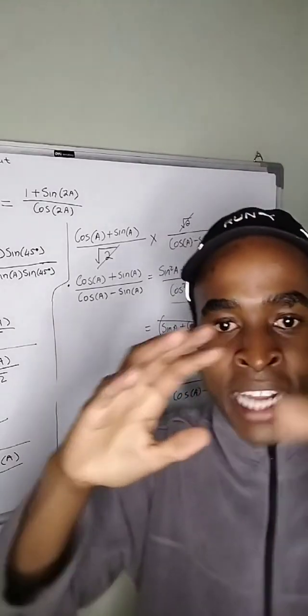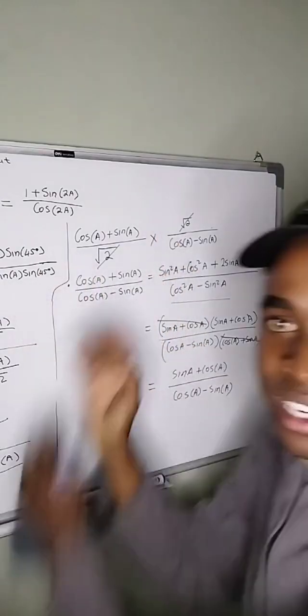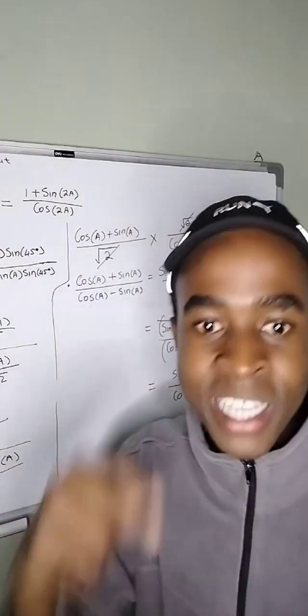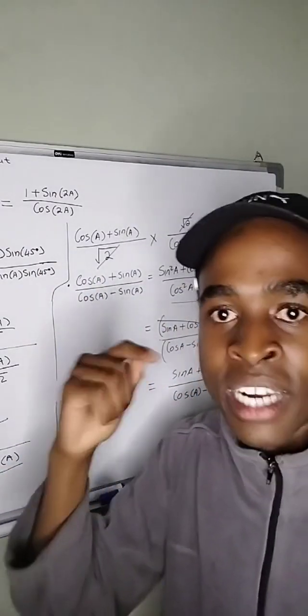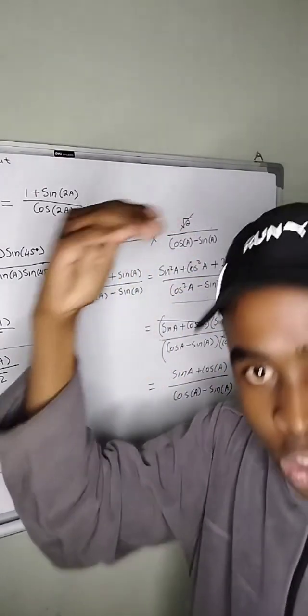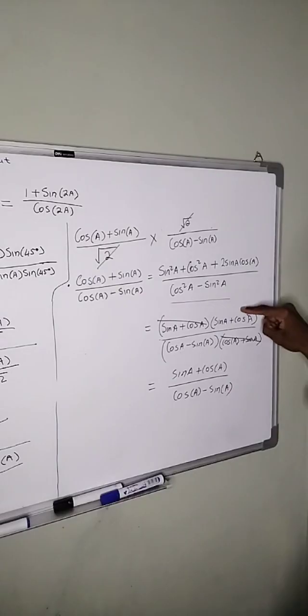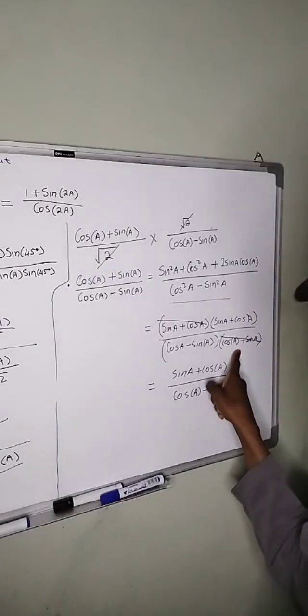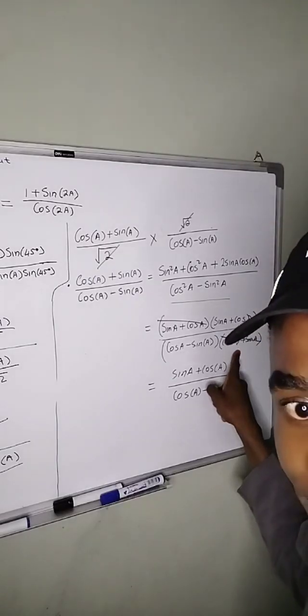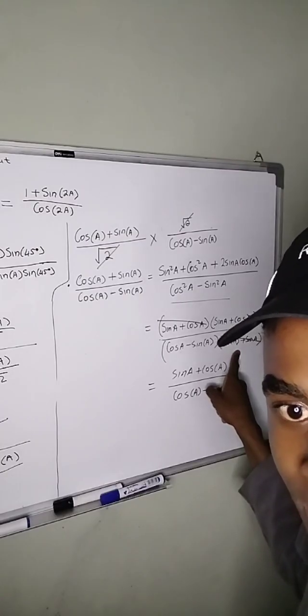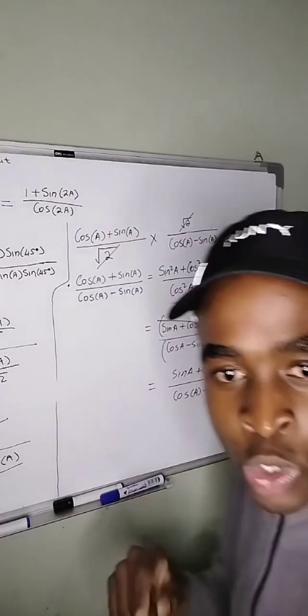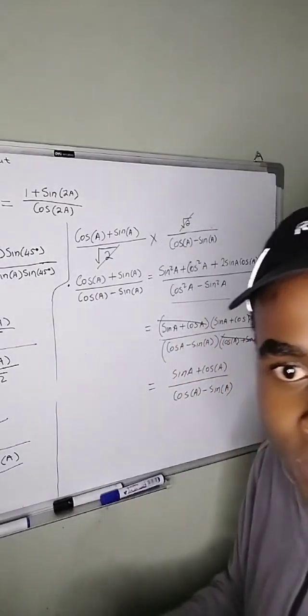It's like we are multiplying the whole of this expression with one, but that one we are going to write as what? Conjugate divided by the conjugate, ne?